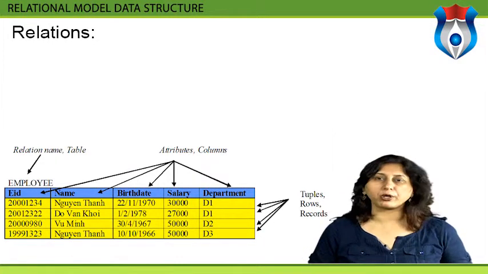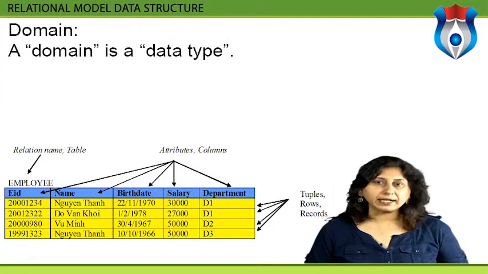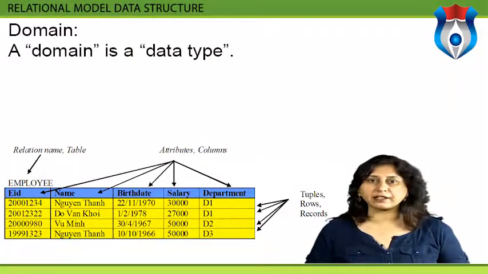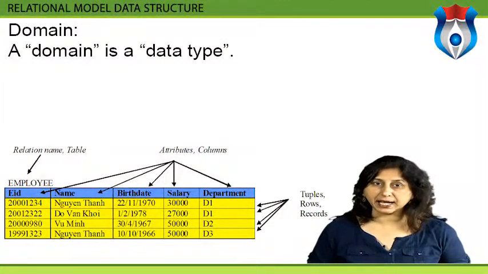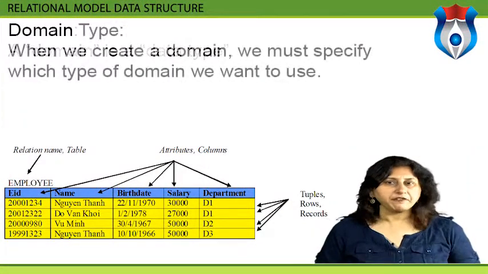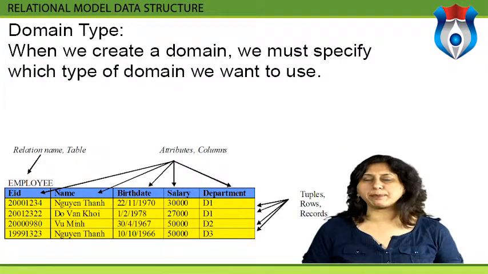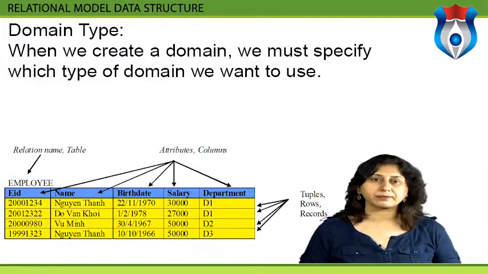In the relational model, information is stored in tables. A domain is a named set of scalar values, all of the same type. A domain is a data type. When we create a domain, we must specify which type of domain we want to use.